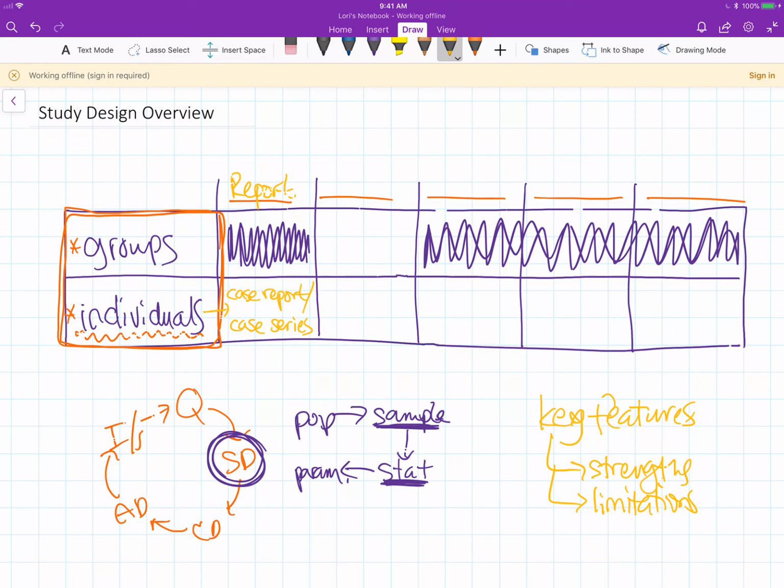What a case report is, the key feature is that somebody noticed something unusual and they would like to share that with their colleagues. So maybe they saw an unusual presentation of a particular disease, or it was in a person who was in a different age range than they would normally see. So they write it down and they submit it to a journal, and you'll see these. They're designed to share information among colleagues so that people can see what's going on.